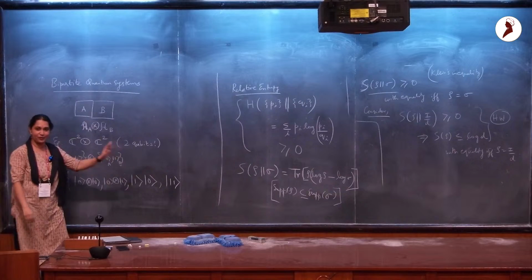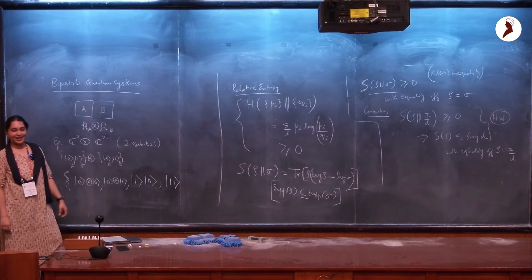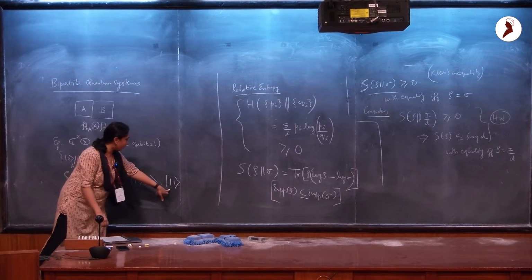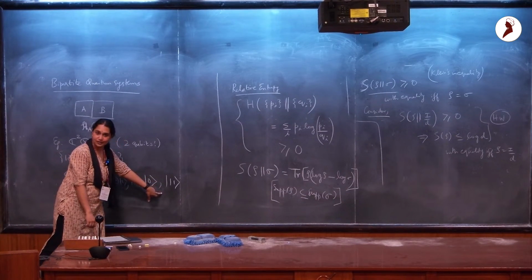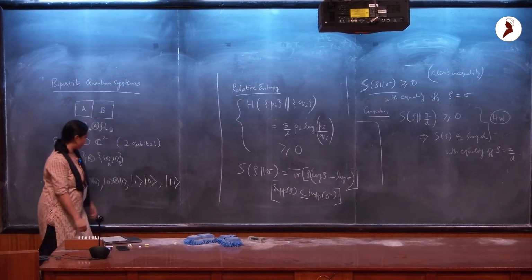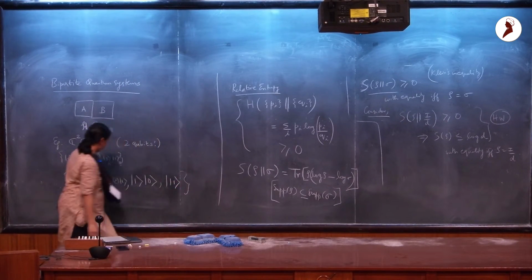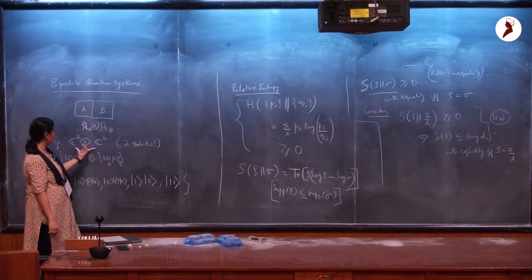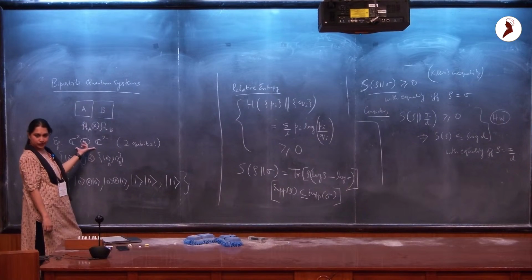I hope we are okay with all these ways of writing bipartite states. By |11> I simply mean a ket 1 on the first system and a ket 1 on the second system, with a tensor product taken. So we have 4 orthogonal states, which form a basis for this system of 2 qubits.